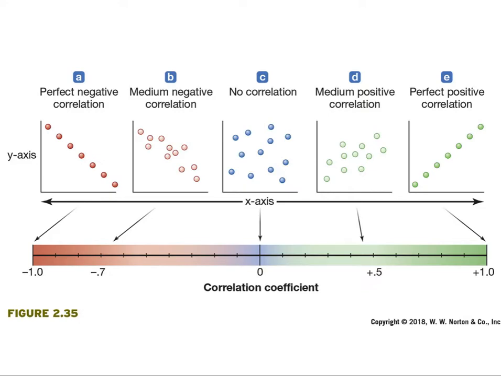Here you can see an example of the perfect negative correlation, which you will probably never see. More likely you would see a medium negative or positive correlation, where it's a group of dots but they imply a direction. And then there's no correlation, 0.